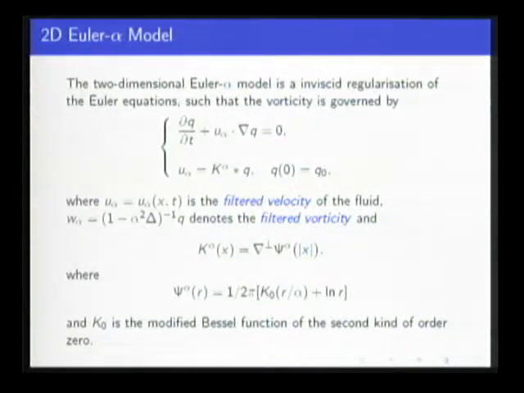My kernel K^alpha has this form here. It is the grad perp of this function psi^alpha that is of this form here, where K_0 is the modified Bessel function of the second kind of order 0.